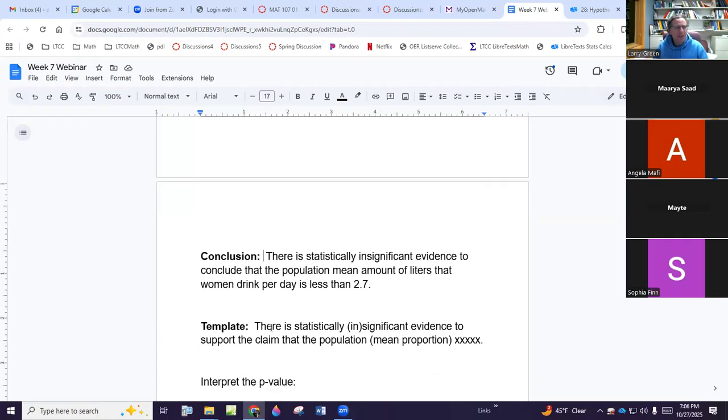Okay. So just a note, here's a template. There is statistically either insignificant or significant evidence to support the claim the population, either mean or proportion, and then you've got to talk about what you were talking about. Whether it's the amount of liters that women drink, or the turbidity, or the pH of the water, or the proportion of adult Americans who want to go out on their own for Halloween.